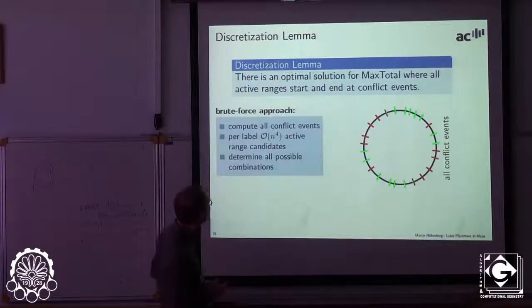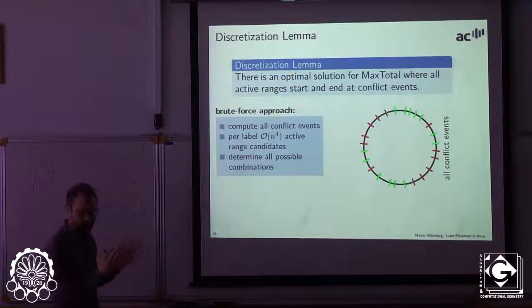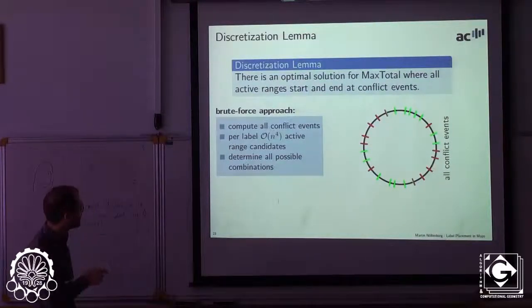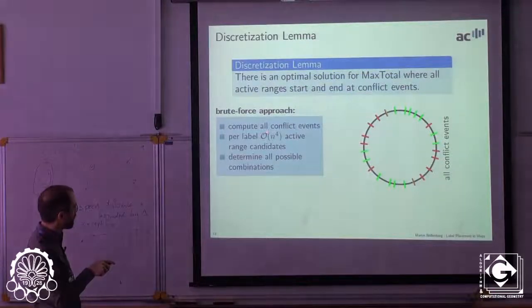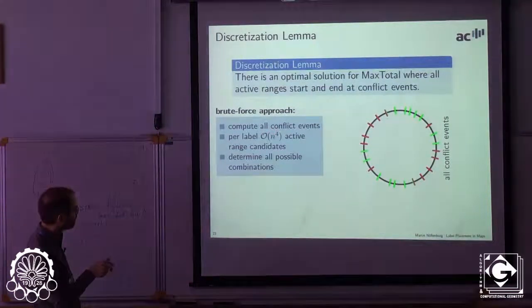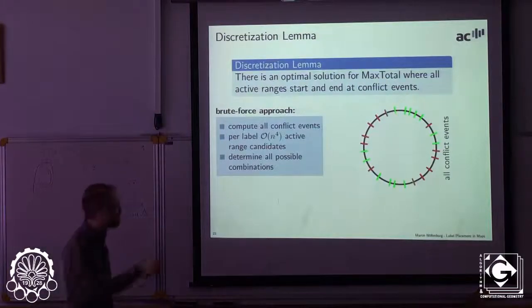If you just think of a brute force algorithm, what you could do is compute all the conflict events, so take all pairs of labels, see when they intersect. This gives us a quadratic number of these events on the circle, and then for each label we need to decide when to show it.